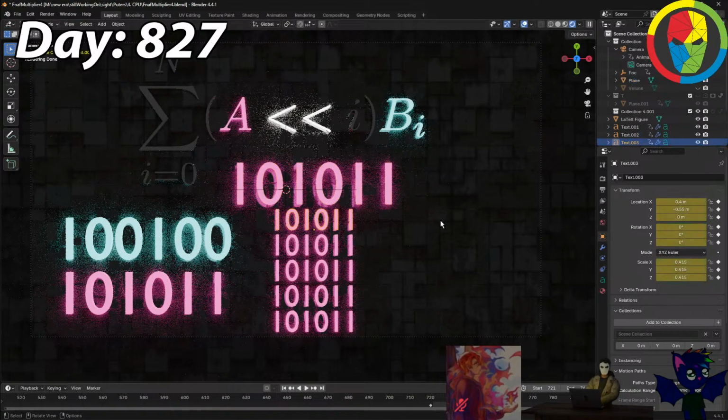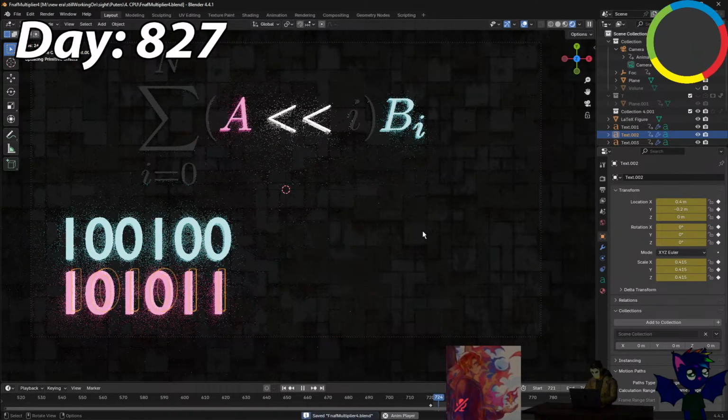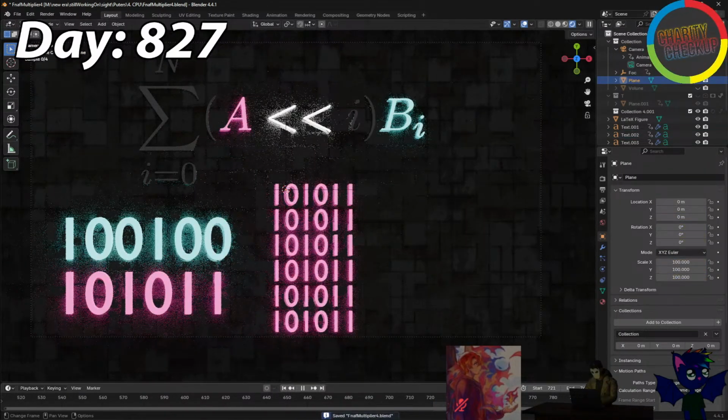Why did the first one's scale not change? The only difference being that each one needs to bit shift. And then we add a number on each one of them that tells us the iteration.